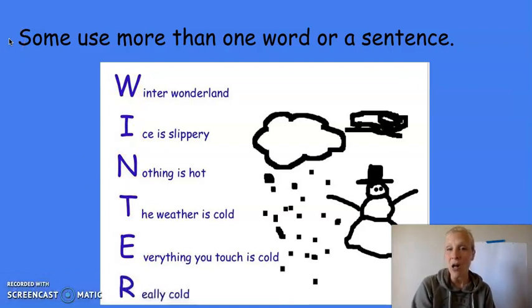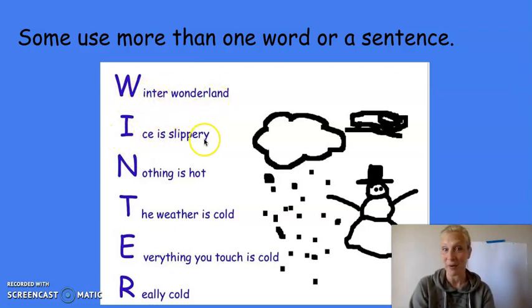Now, all the words that they chose are kind of like a sentence. They didn't just choose one word like they did in the poem about cats and friends. They chose short sentences or a few words that all describe winter.